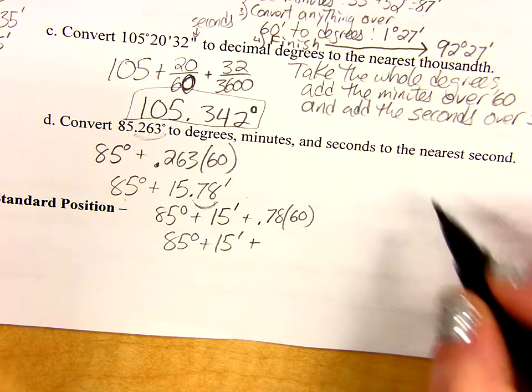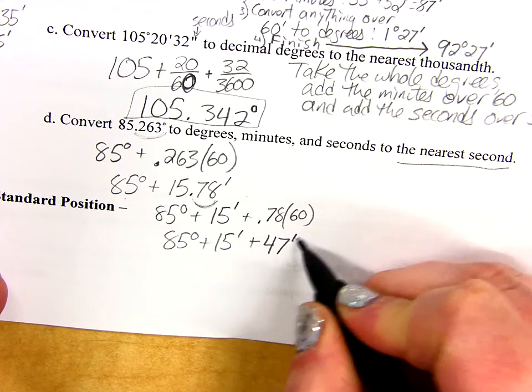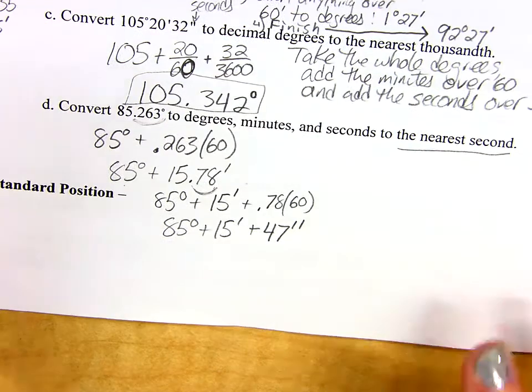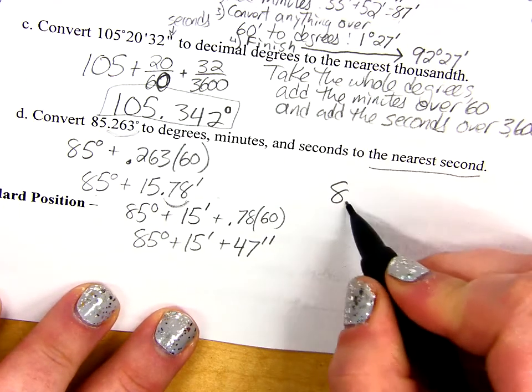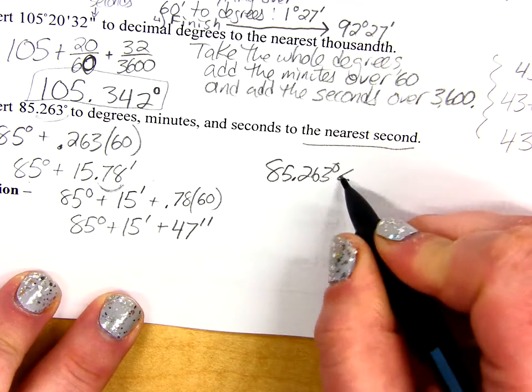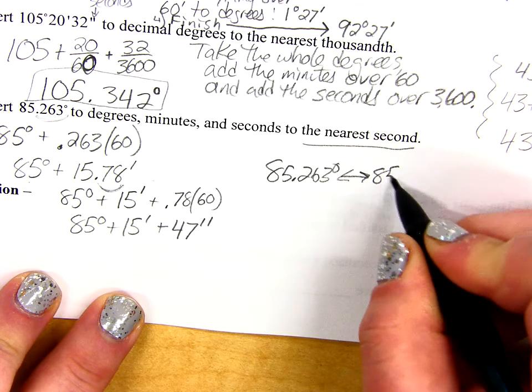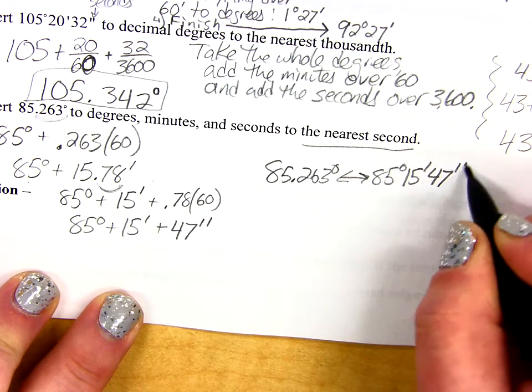So the seconds, see here it says round to the nearest second. So that would be 47 seconds. Okay, so there's mine. 85.263 degrees is the same thing as 85 degrees, 15 minutes, 47 seconds.